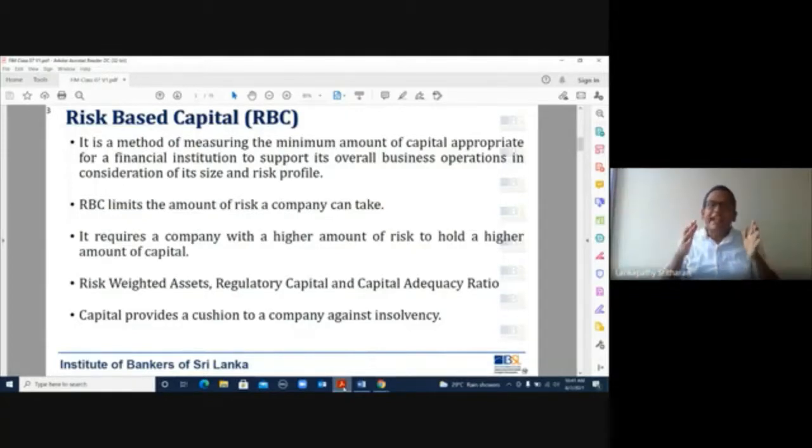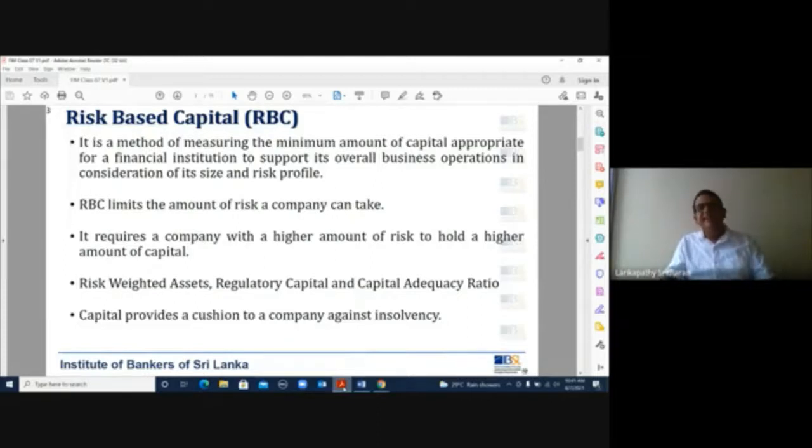In the 2008 and 2009 financial crisis, some large investment banks failed or went into crisis.